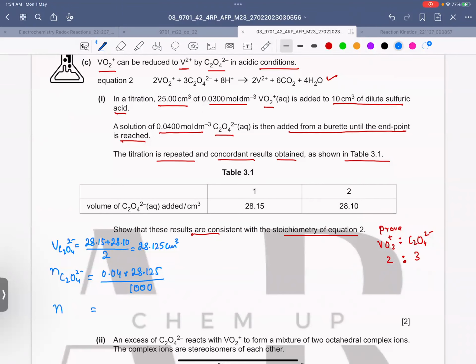Can anybody tell me the moles of C2O4? 1.125 × 10^-3. Now, find the moles of VO2+. The concentration of VO2+ is 0.03 times 25 divided by 1000.